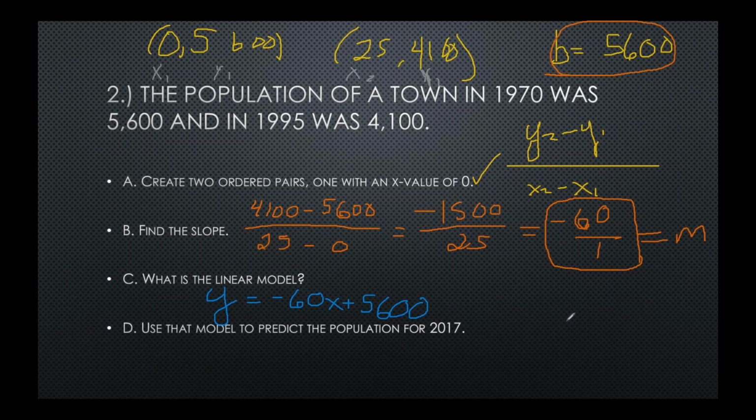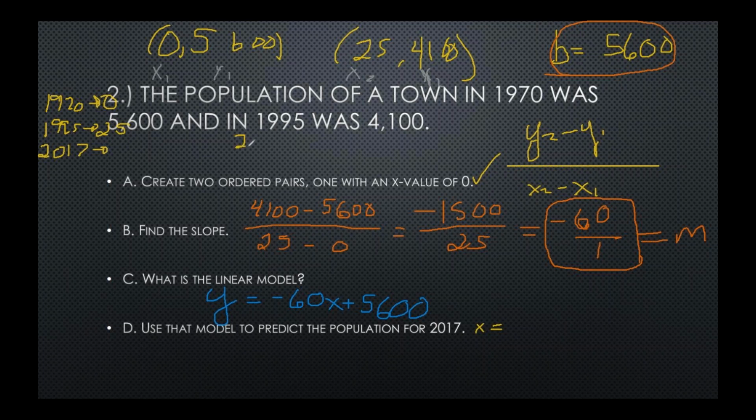Now in letter D, we want to use that linear model, y equals negative 60x plus 5600, to predict the population for 2017. The key is you have to decide what your x value is in 2017. Remember, in 1970, x was 0. In 1995, x was 25. So what will it be in 2017?